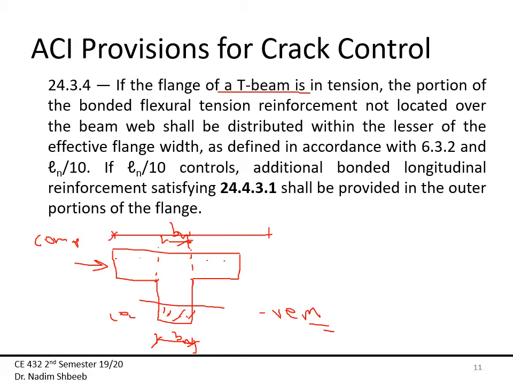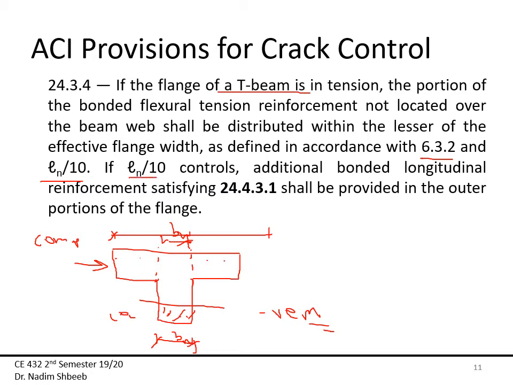And that goes back to the definition of the effective flange width that we tackled in the design for T-beams, which talked about section 6.3.2, the same table that I've shown you. So then I will compare that with the clear distance between supports divided by 10, and take the lesser value of those.